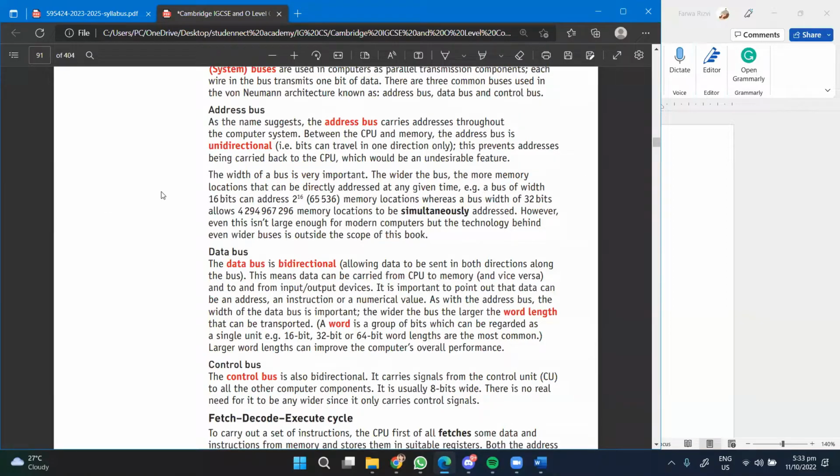And here they have an example. A bus of width 16 bits can address 2 to the power of 16, which means 65,536 memory locations. So if they tell you the width of the bus, for example here they told you 16 bits, you can tell them that with this width of a bus, you can access 2 to the power of 16 memory locations.